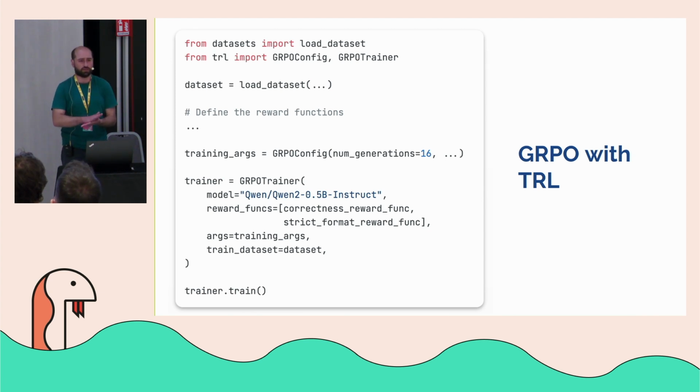Usually, in practice, you use values starting from 8, and it's important to have a certain number, not too small, because you are increasing the diversity of your group, and you hope that at least one of these answers goes in the right direction. Then you define the GRPO trainer using the model name, you pass the reward functions, you pass the configuration and the training dataset, and then you can train.